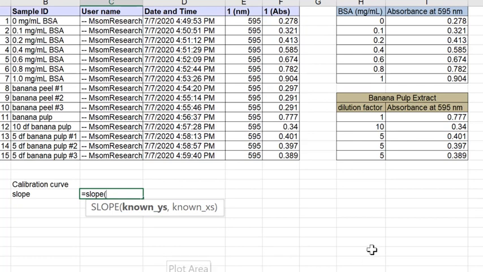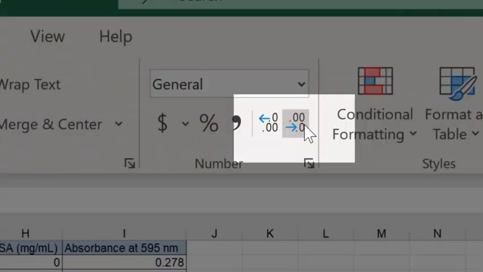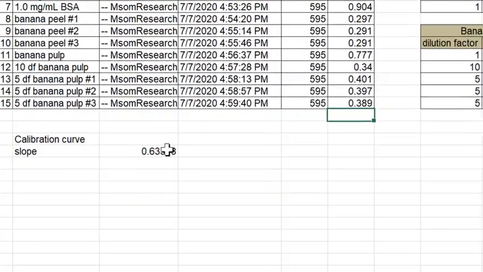Then I'm going to select the known y's, which are the absorbance values, and the known x values, and I'm getting exactly the same number, the 0.635, and here with way too many digits. So if I want to restrain my digits to something more reasonable, maybe more digits for now, because we're still making calculations, than the significant digits, but not necessarily 8.